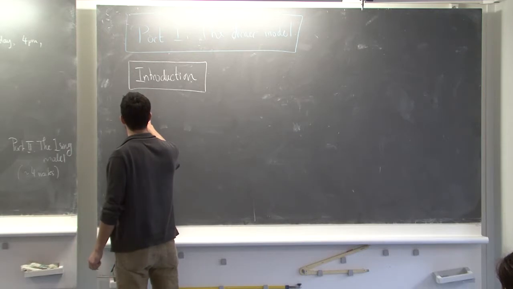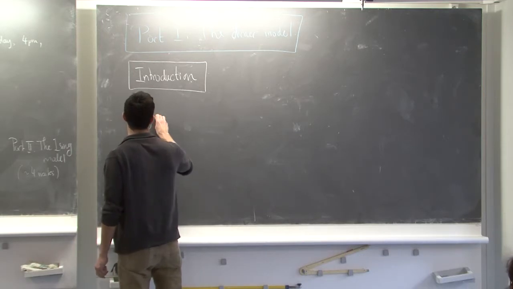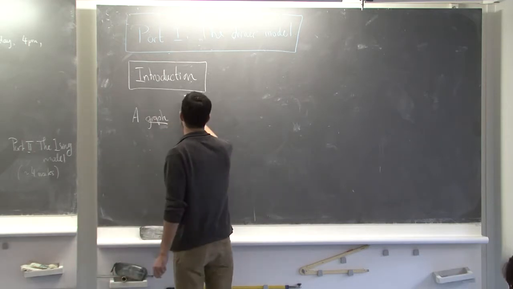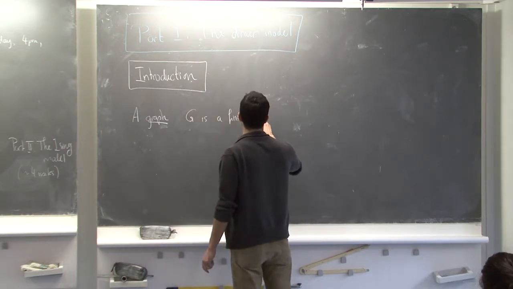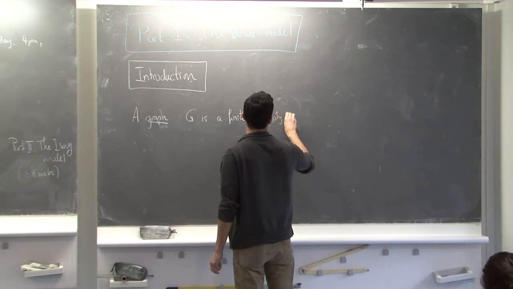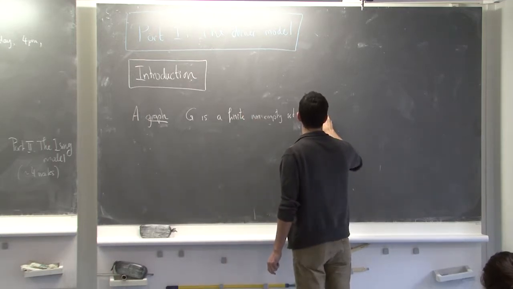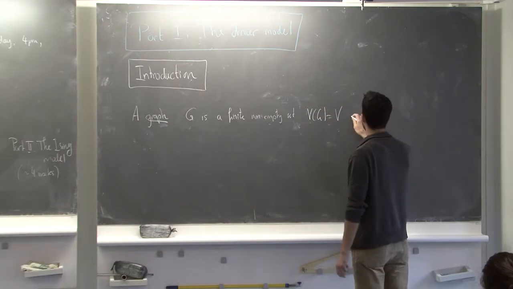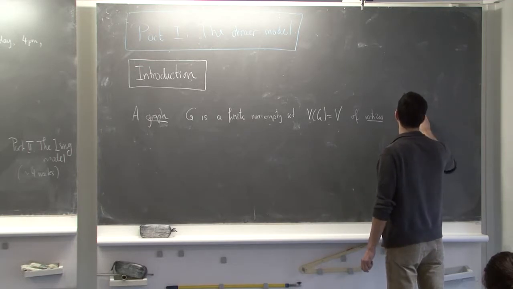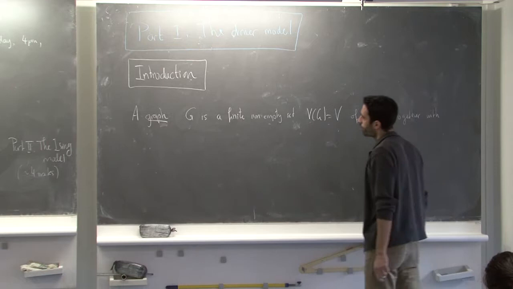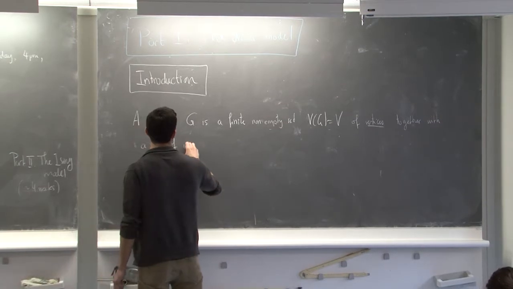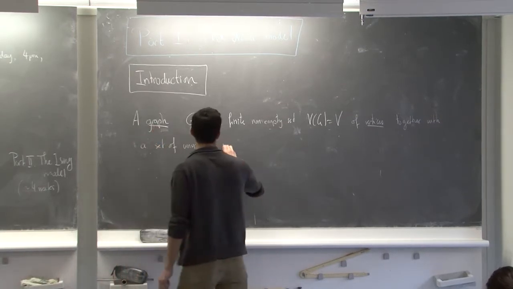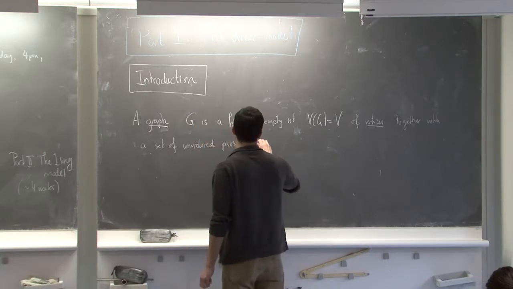Okay, so a graph G is a finite non-empty set V_G, the set of vertices, together with a set of unordered pairs of vertices.